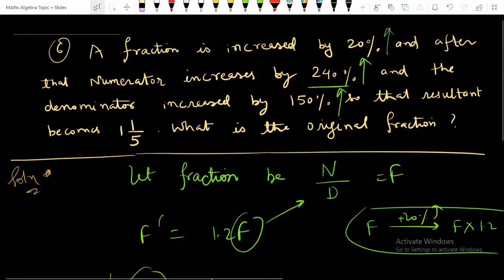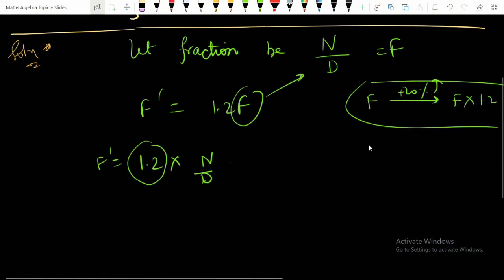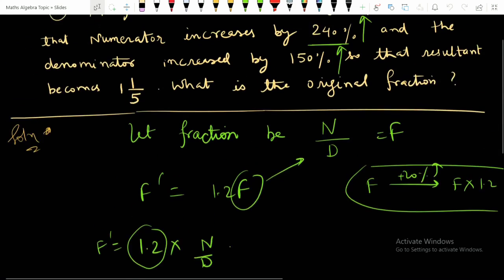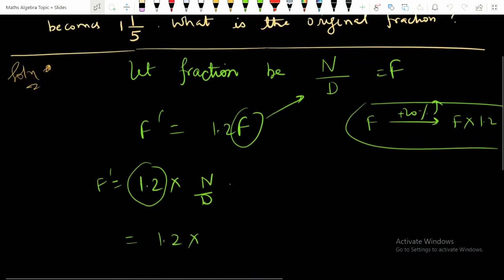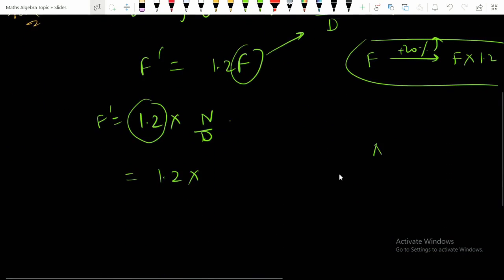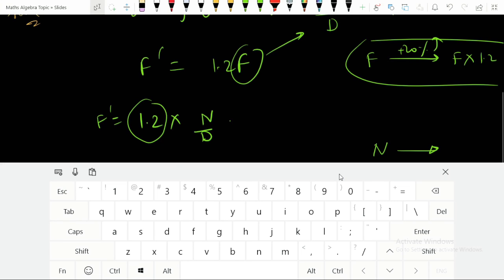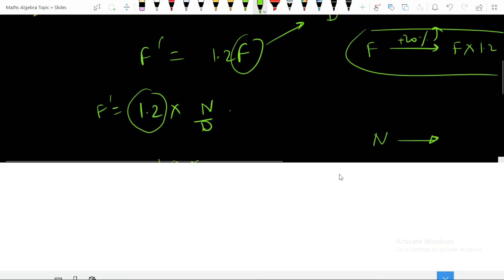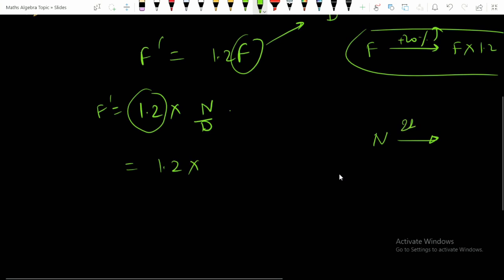After that the numerator increased by 240 percentage. Earlier it was n, now increased by 240 percentage, that is 3.4 of n. Why?